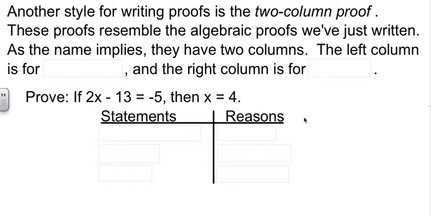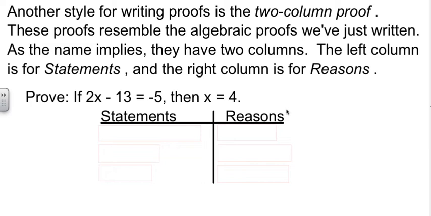Surprisingly, a two-column proof has two columns. Amazing. In the left-hand column, you make your statements. And in the right-hand column, you supply your reasons. The only difference with what we just did in these is actually labeling it statements and reasons.